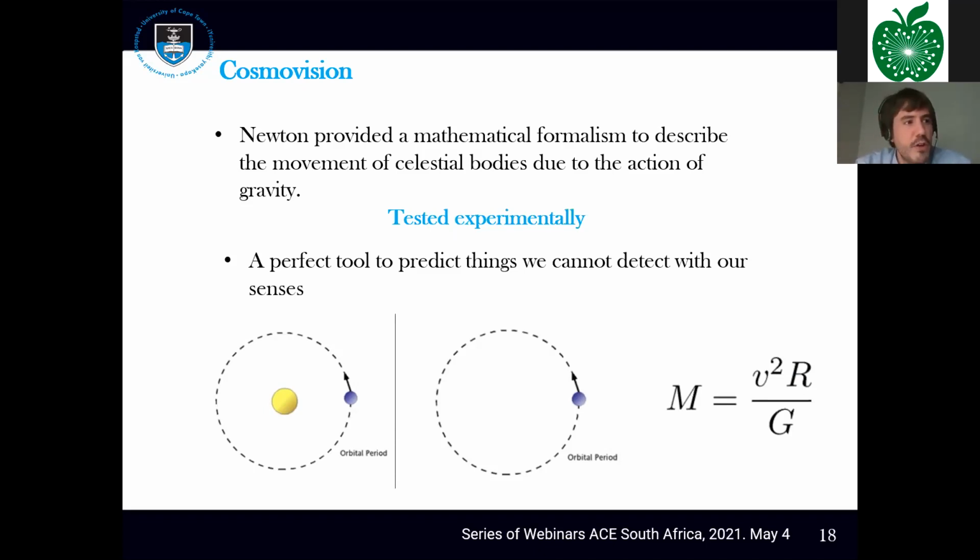Okay, it was not only about collecting data, but also about providing a mathematical description of the different phenomena. These phenomena were tested experimentally, so Newton's gravity was very, very successful.